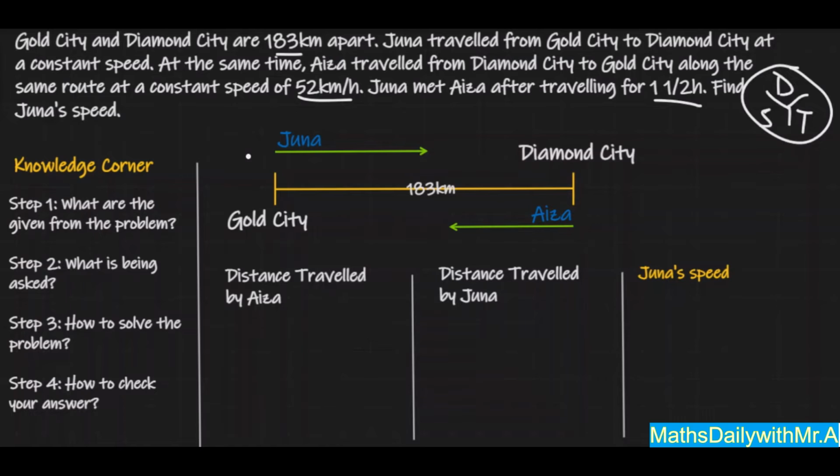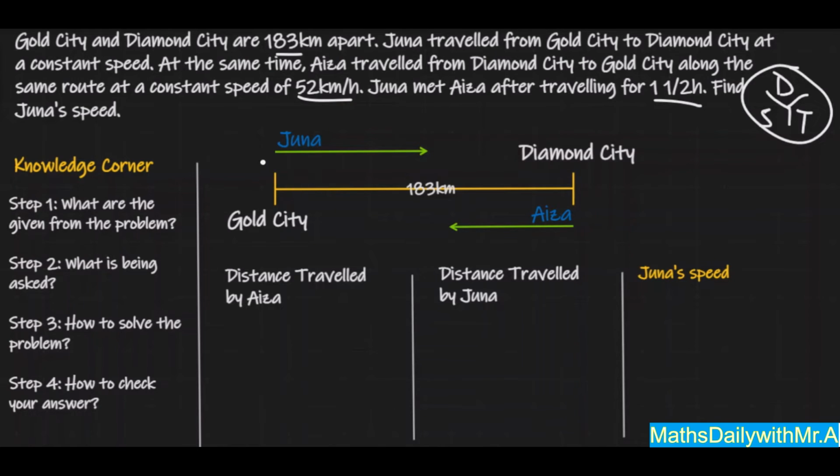Okay, to solve this problem, step 1, what are the given from the problem? So we have here the distance between Gold City and Diamond City. We also have the speed of Isa when she's traveling from Diamond City to Gold City, which is 52 kilometers per hour. And also we have the time, 1.5 hour when they met each other. So we need to find out the speed of Juna.